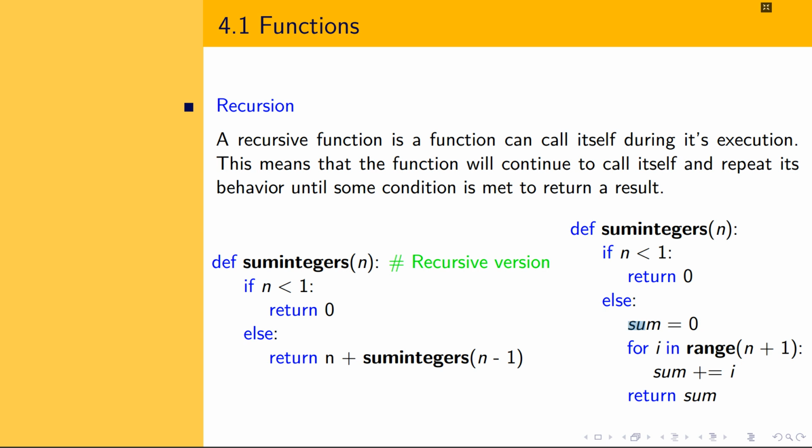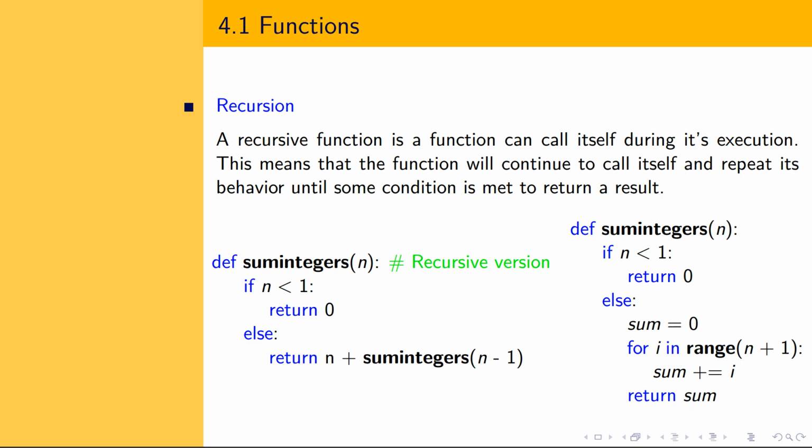Then you loop over the range from 0 to n, add all the numbers to the sum variable, and return it. So these two functions are the same, but here you have the way to write the recursive function.